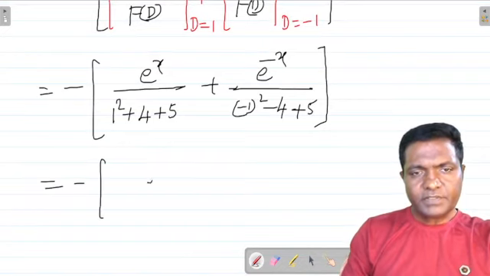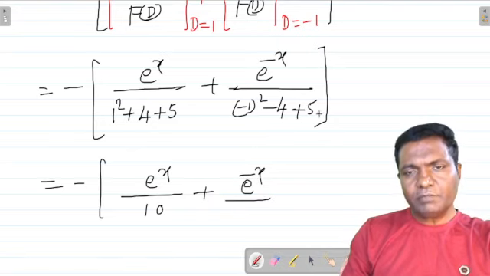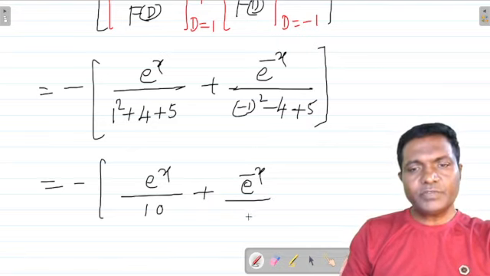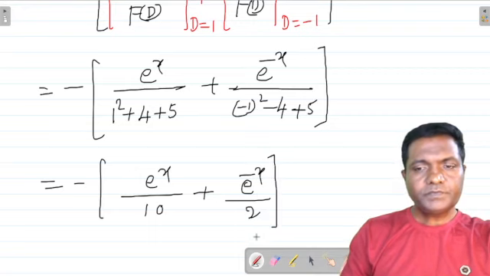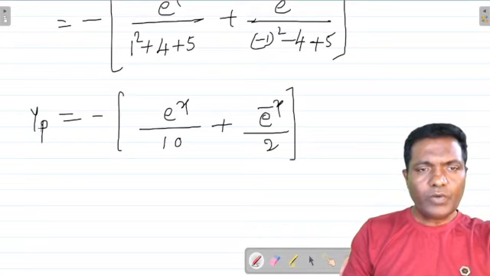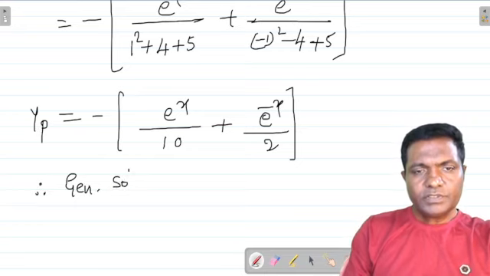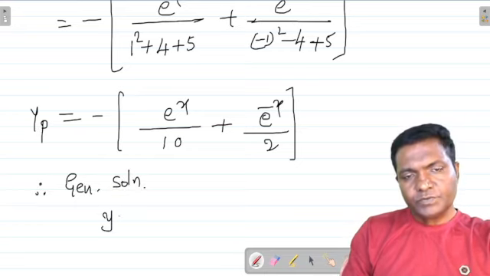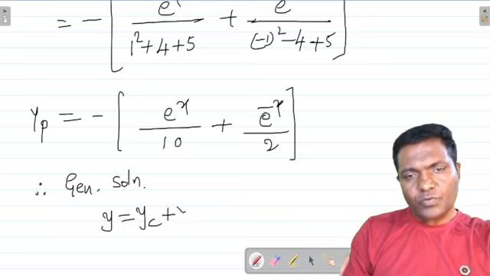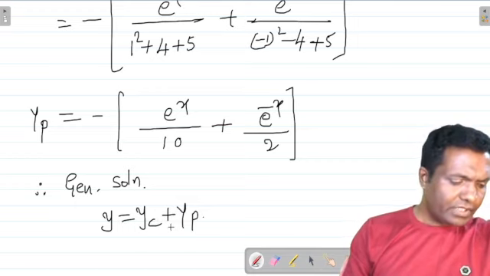This is minus e power x by 10 plus e power minus x by, so minus 1 square is 1, 1 plus 5 is 6, 6 minus 4 is 2. So this is your yp, that's the particular integral. Therefore the general solution is y equals yc plus yp. So substitute yc and yp, don't leave it as it is.